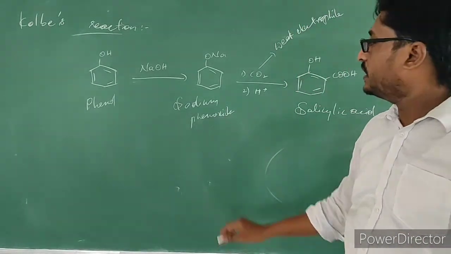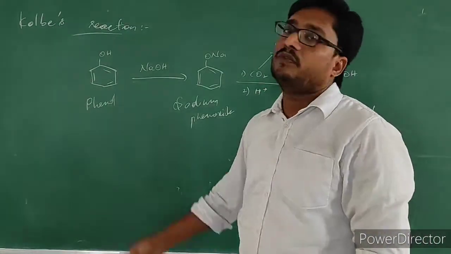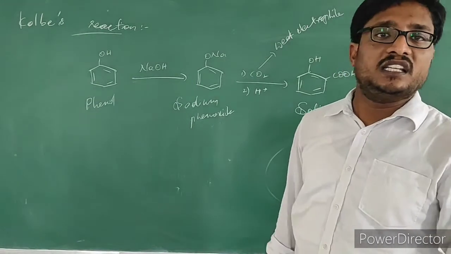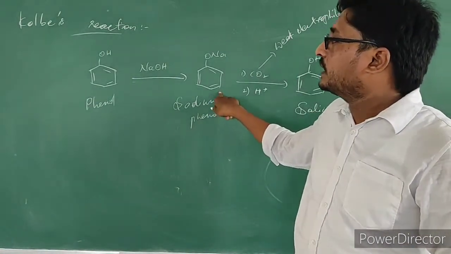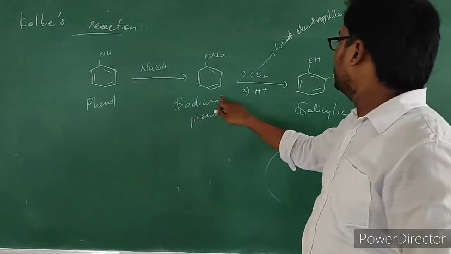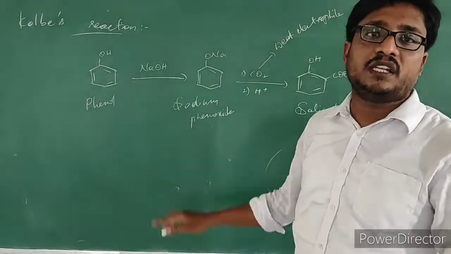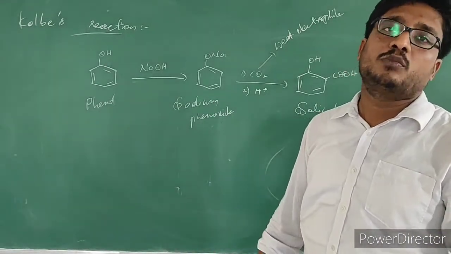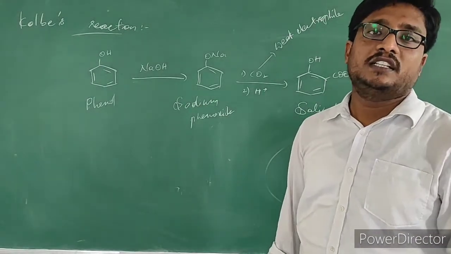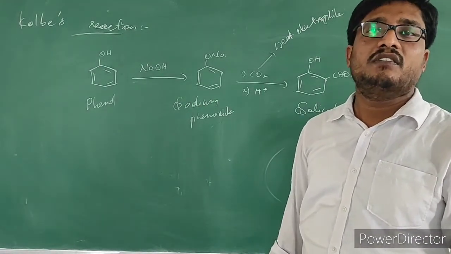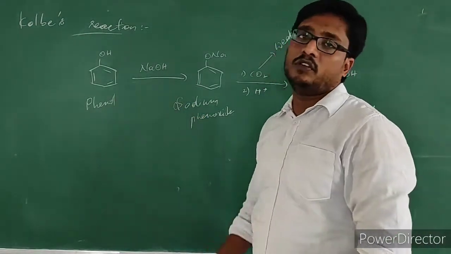The reason is that the phenoxide ion is more stable when compared with phenol, and the second thing is that the reactivity of phenoxide ion is more when compared with phenol. It can easily react; the reactivity of phenoxide ion towards electrophilic substitution will be more. That is why we convert phenol into phenoxide ion.